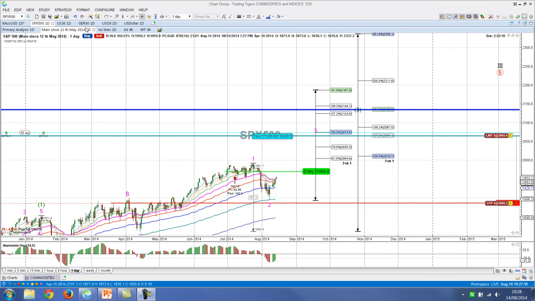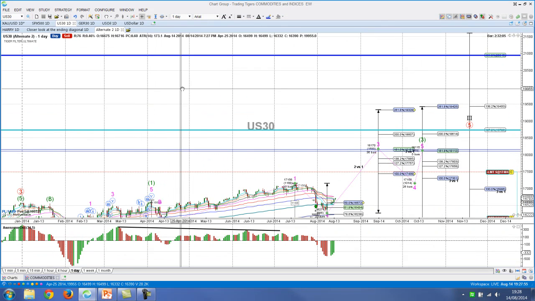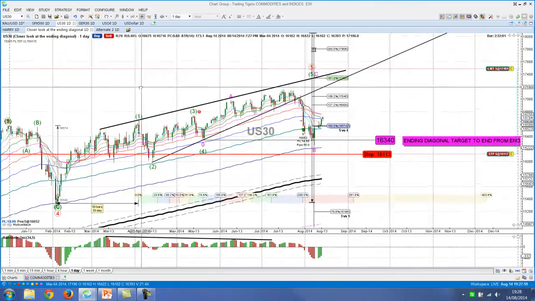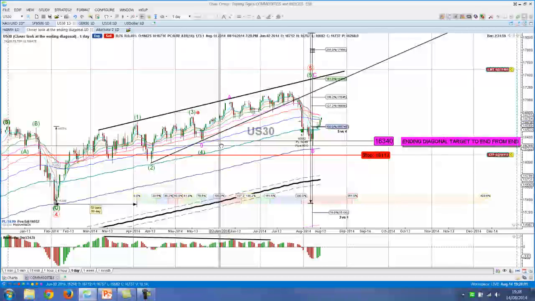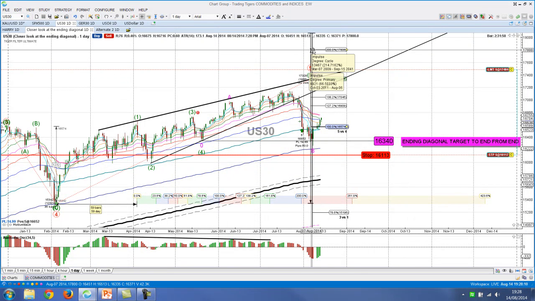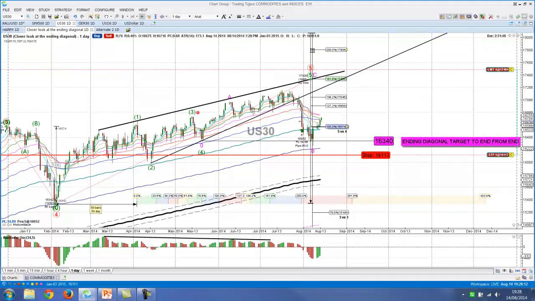Okay, fine. So what we'll do now, we'll move to the US30. With the US30, we've been thinking that we're in an ending diagonal on the wave 5 position of the primary, which is the smaller wave of the wave 3 of the cycle degree.